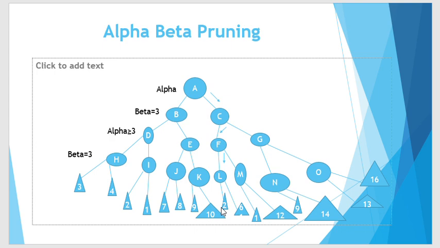But we have a max node where we already got an alpha value of 3, which means this max node is saying that I have already got a path for 3, and I only want a path greater than that. But this beta value is 2, so obviously it will not consider this path, because if it goes toward this side it will get a maximum profit of 2, but already it's getting a profit of 3, so it will not go towards the lesser path.